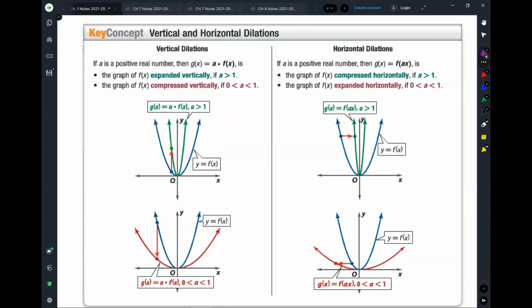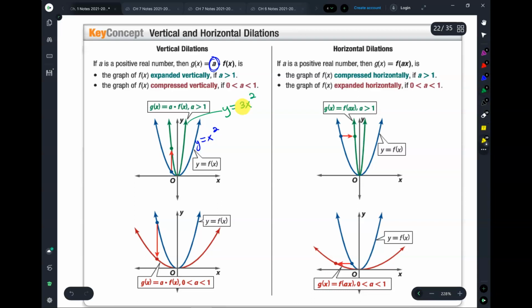So, vertical and horizontal dilations. A vertical dilation is when you have a number in front of the function. So for example, suppose this blue one, the original, is y = x squared. The green one will be y = 3x squared.